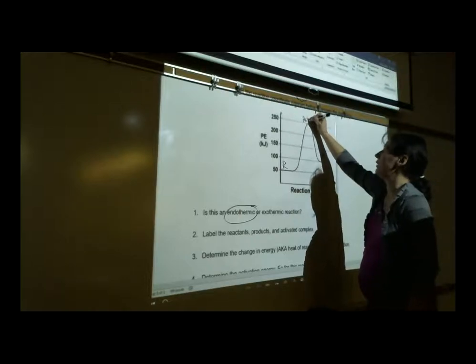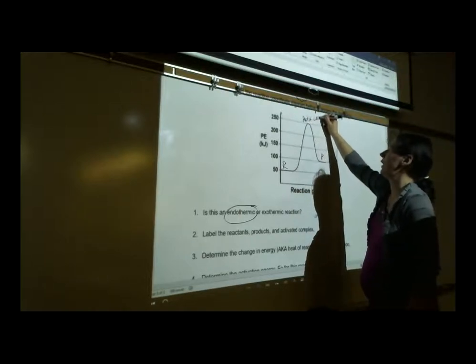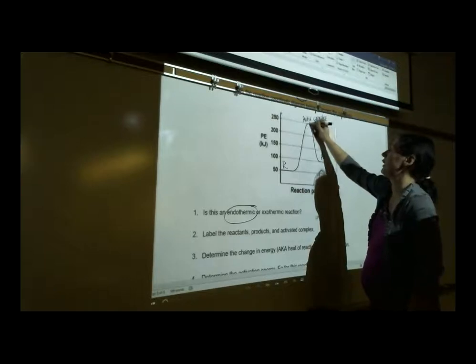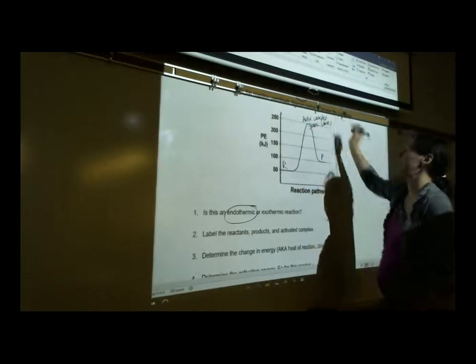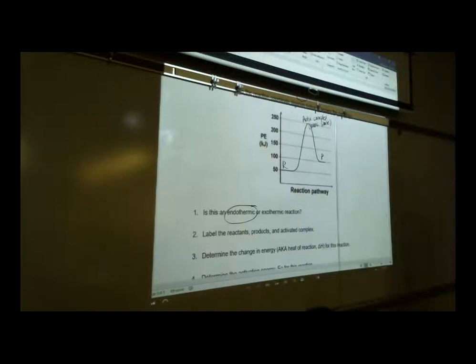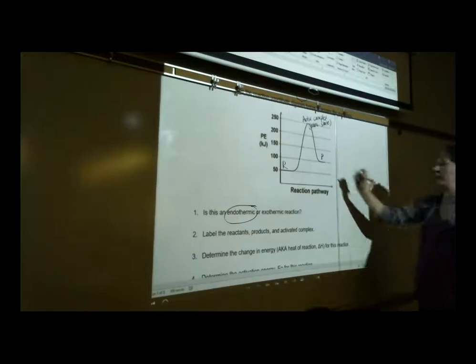And activated complex, remember I told you that's the same thing as transition state. Some books call it an activated complex, some books call it a transition state. They're the same thing. Change in energy. How do we get change in energy? That's this value right here, right?